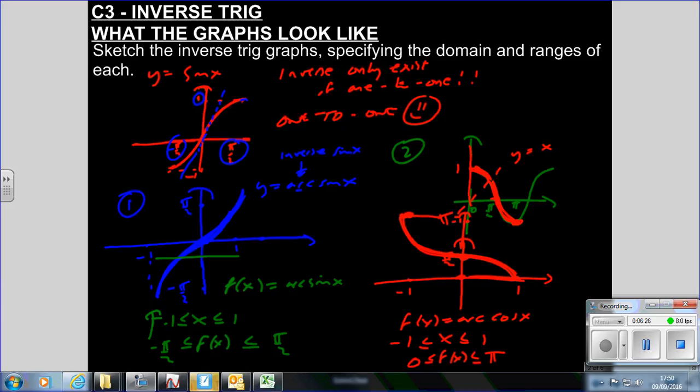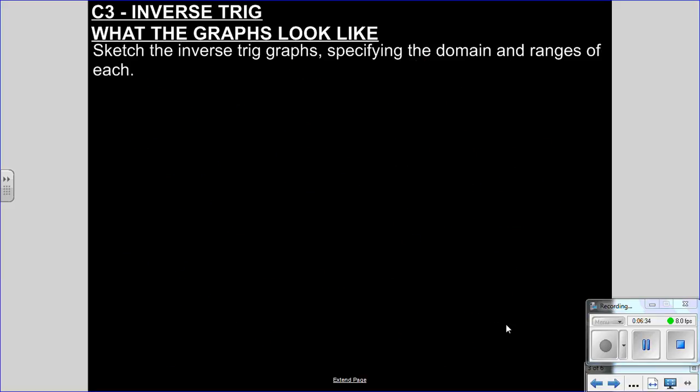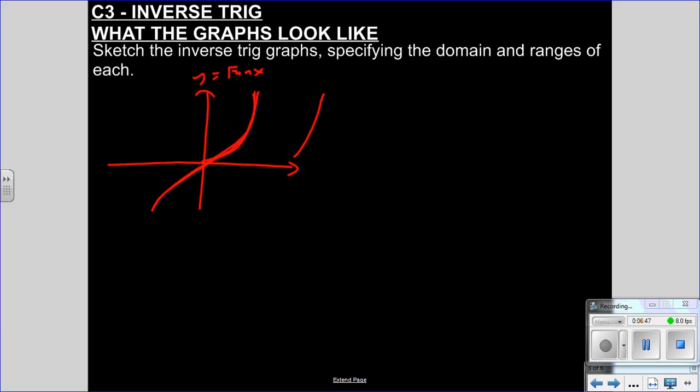We also need to do the version of tan, so arctan. So let's have a go at that. So if tan looks like this, like here, asymptote here, pi by 2, asymptote here, minus pi by 2.